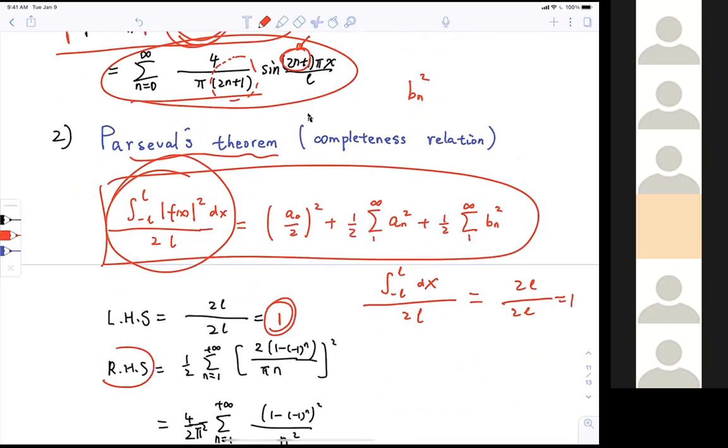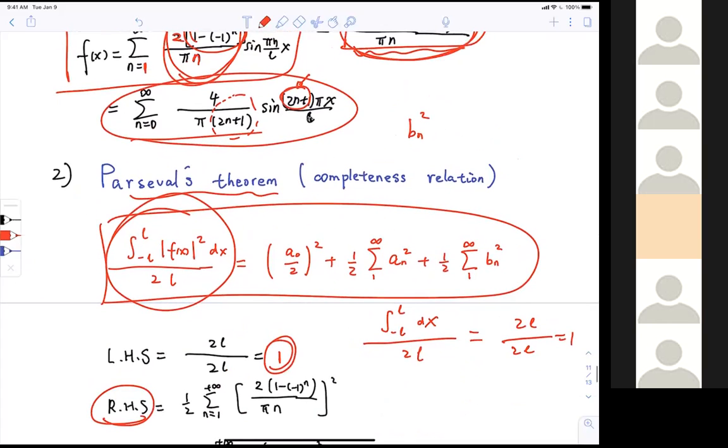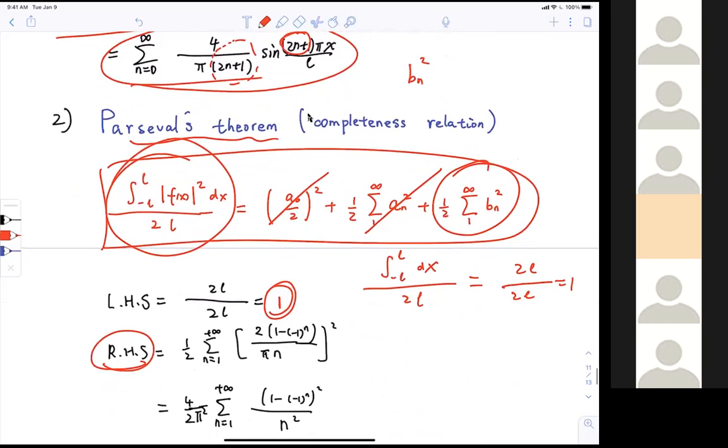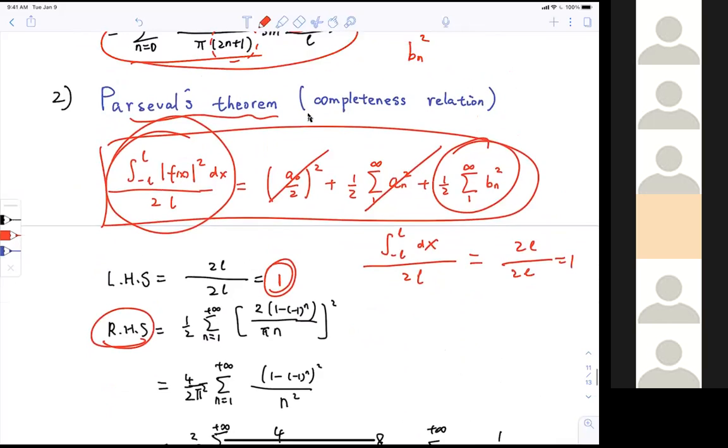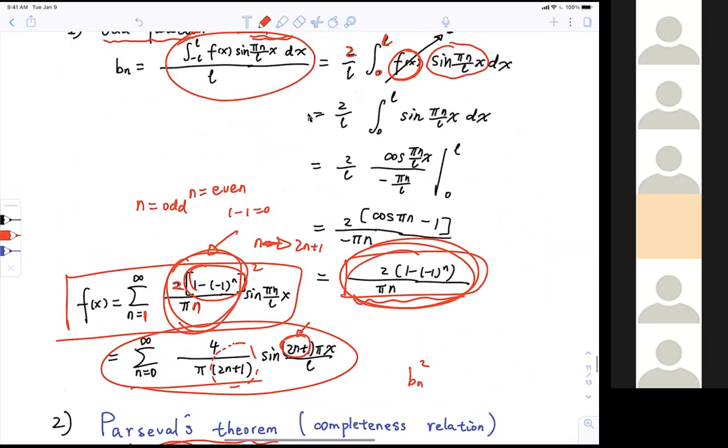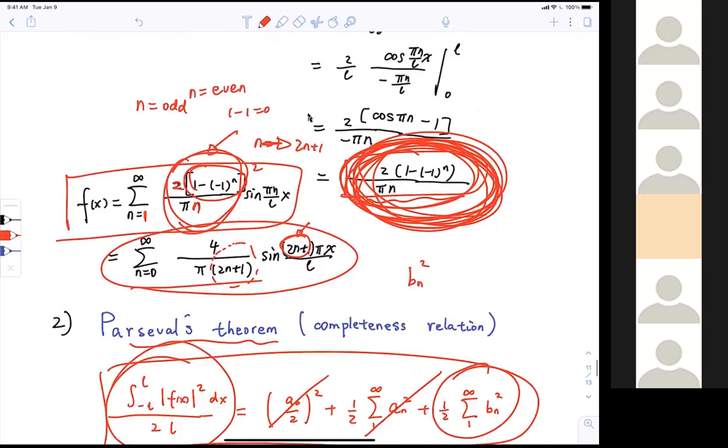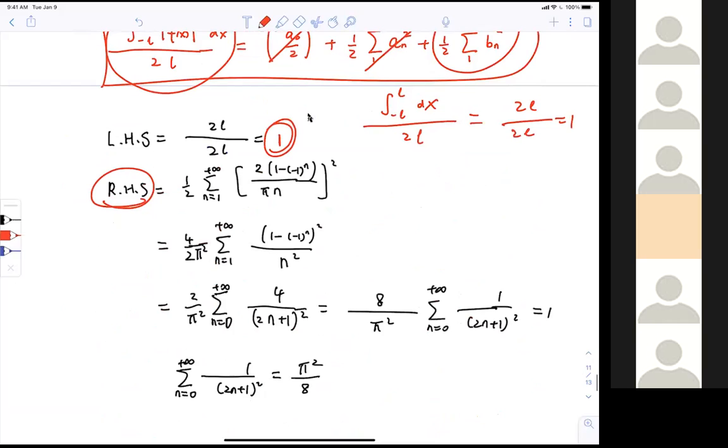On the right-hand side, we know An is 0, so we only have the last term. So it's 1/2 times the summation from 1 to infinity of the square of the Bn. Remember, Bn is given by this expression, and you square it.